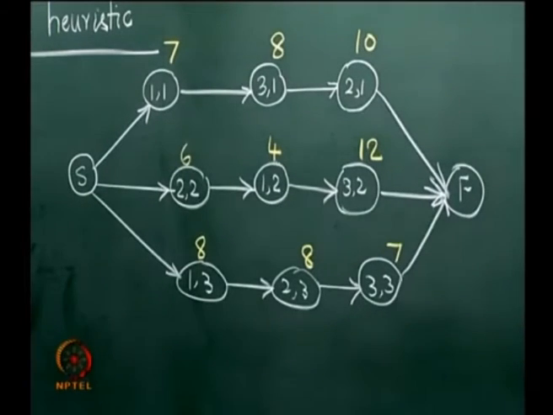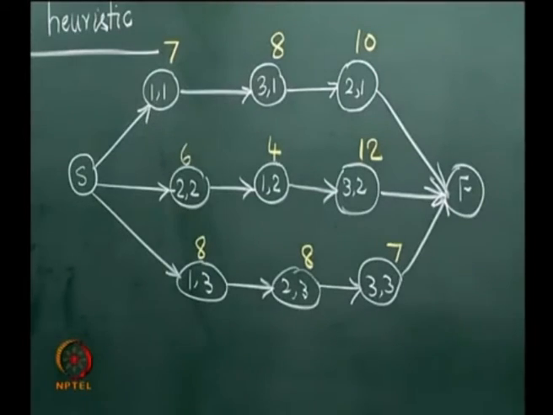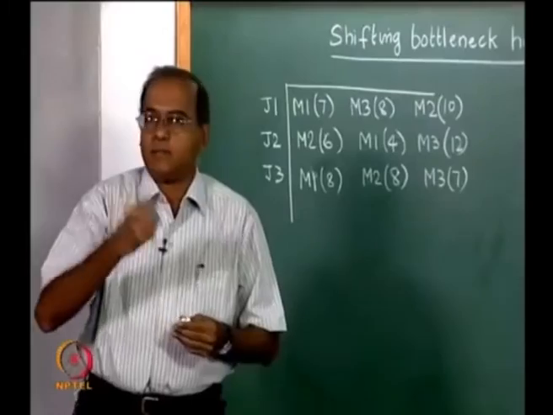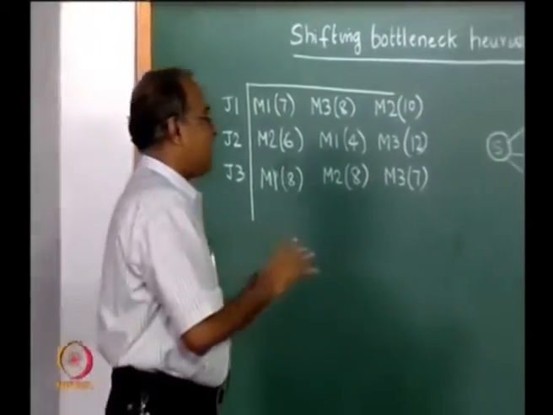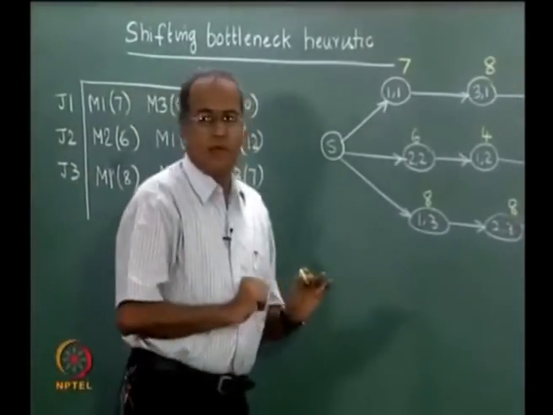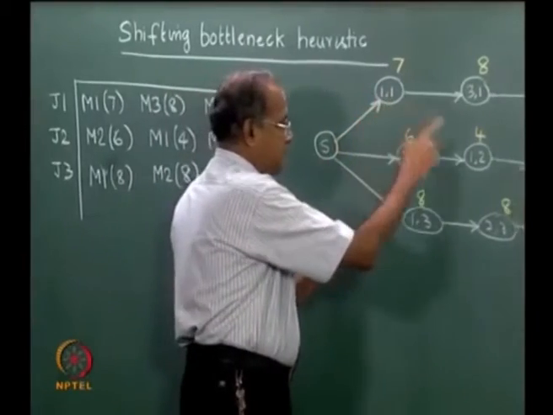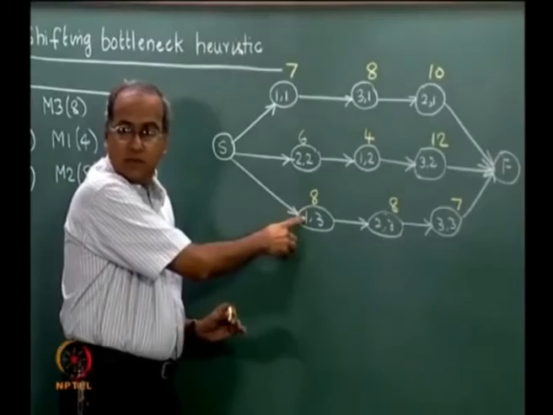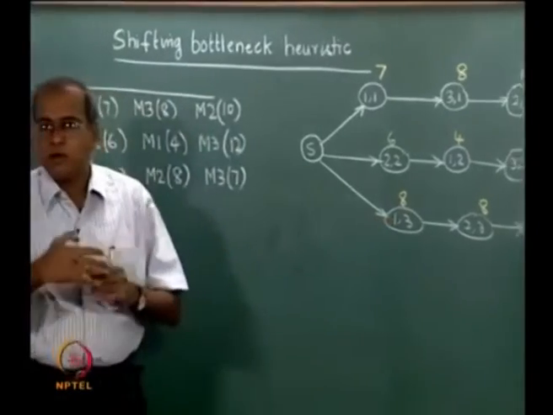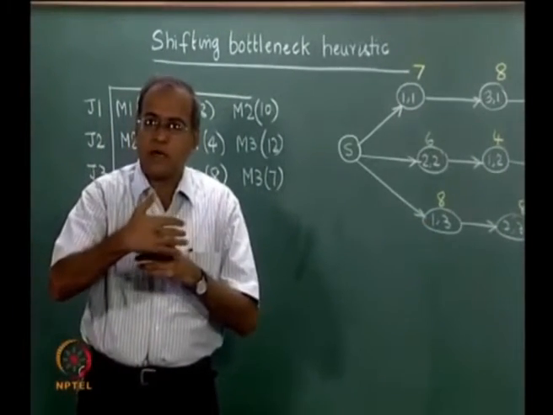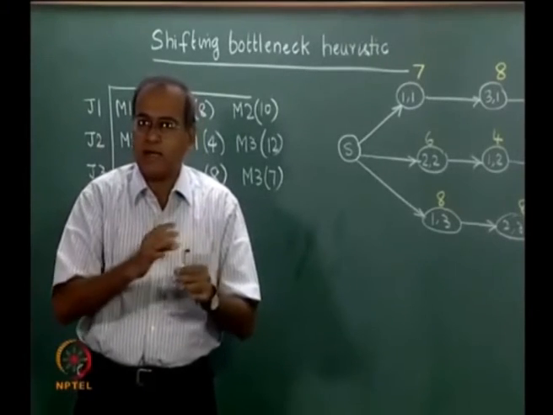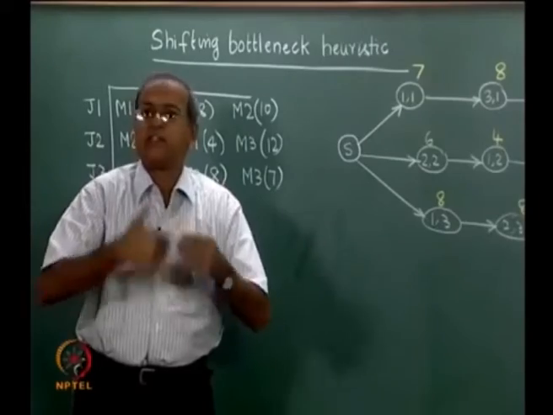But then we also have a condition that a machine can process only one job at a time. Machine 1 figures here as well as here, so machine 1 would take the jobs according to a particular sequence, and depending on that the time taken will change.